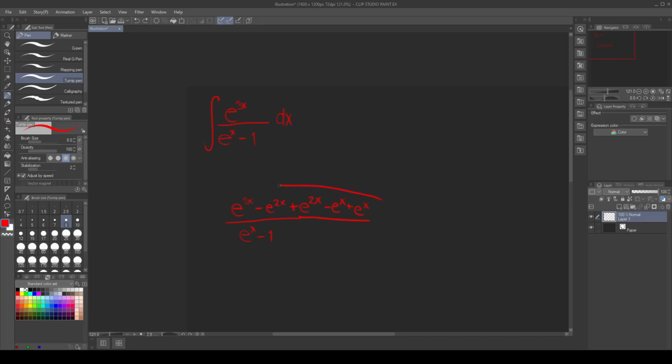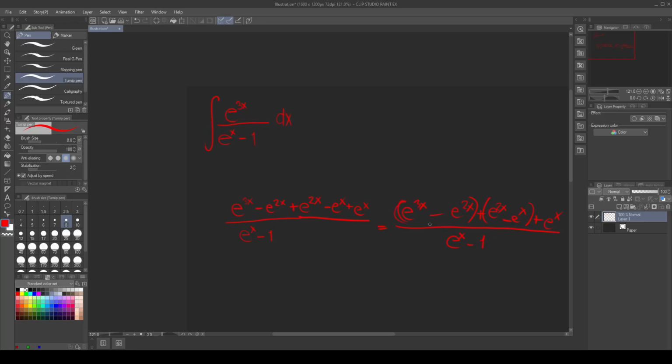Notice how this term that we've just written down here can also be rewritten as this: e to the 3x minus e to the 2x separated by this parentheses, plus e to the 2x, which is the thing over here, minus e to the x, and then increased by our remainder here, which is e to the x. And don't forget to finish your fraction with your denominator.